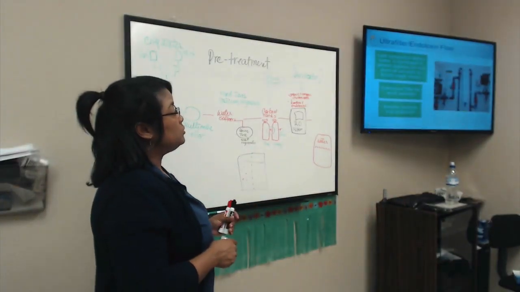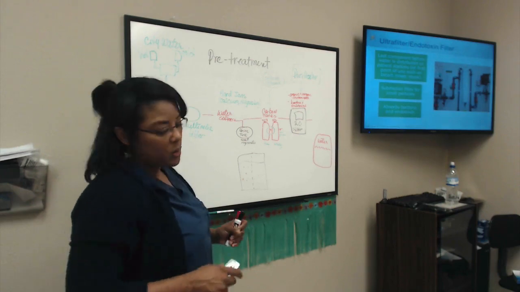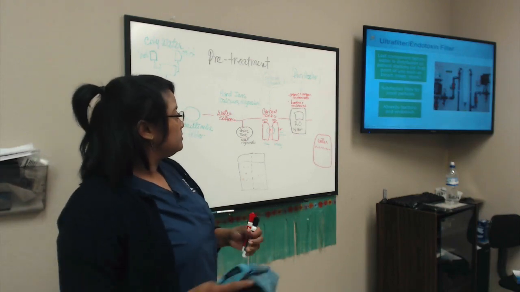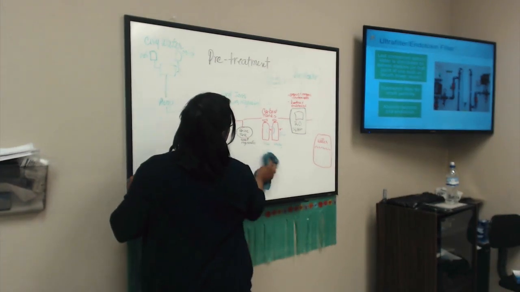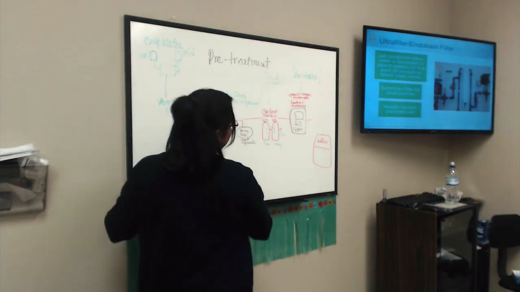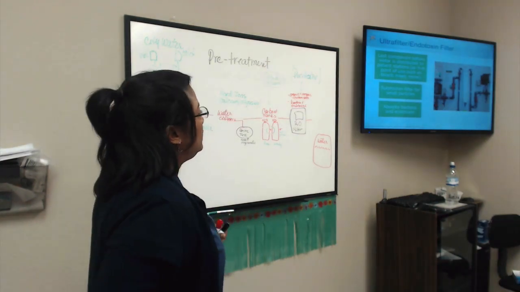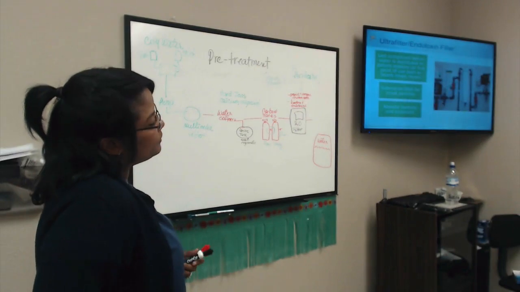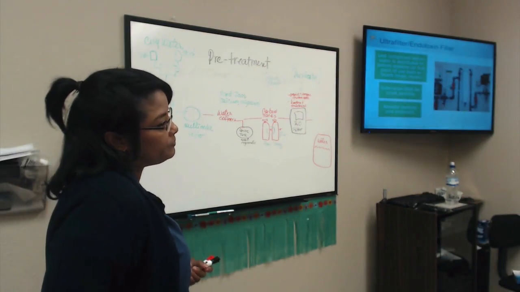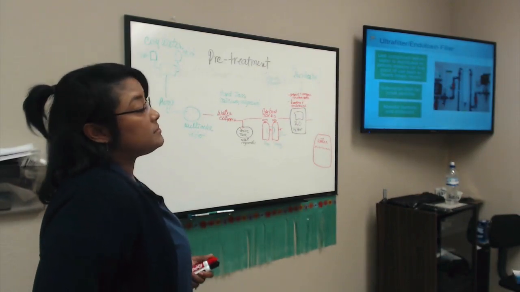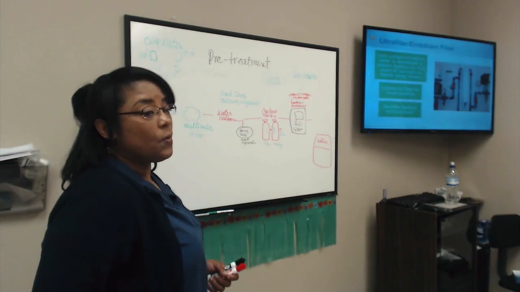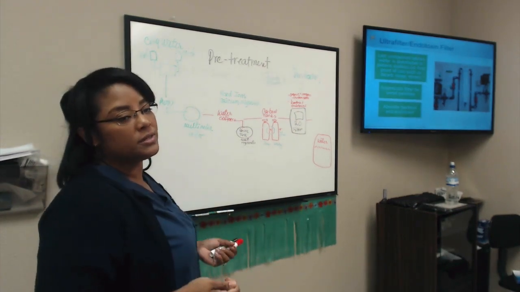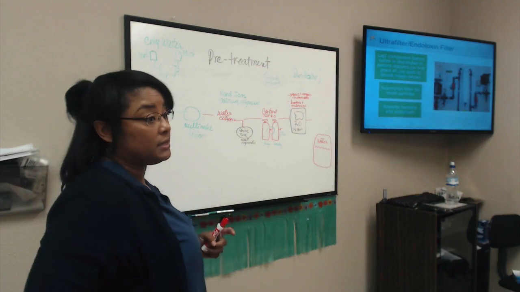Okay, so the last component before it goes into the distribution loop is an ultrafilter and an endotoxin filter. This is the last one that's going to pick up any endotoxins that we could still have in the system.